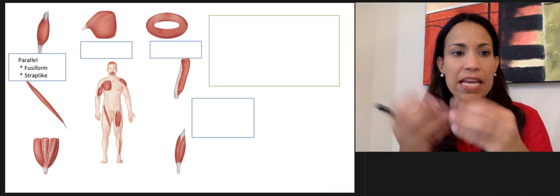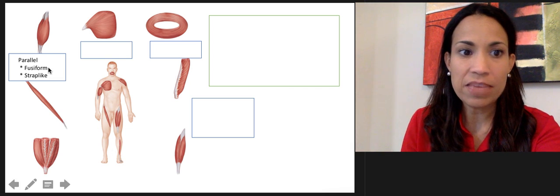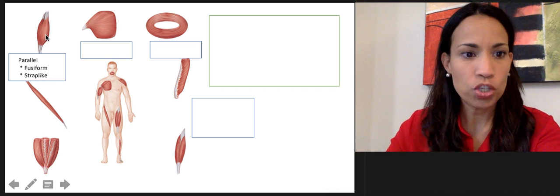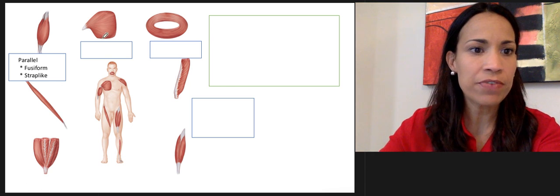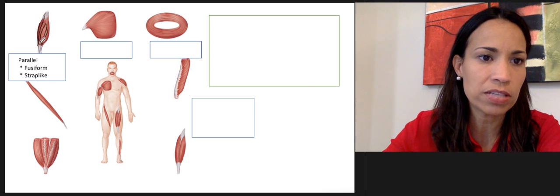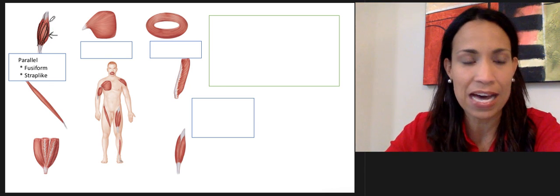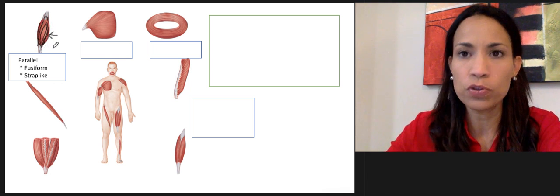The parallel one can be either the fusiform, where the fibers run pretty much in the same direction, and in the middle the muscle is bulkier, it has a belly, and it thins on the ends. So that's the fusiform.